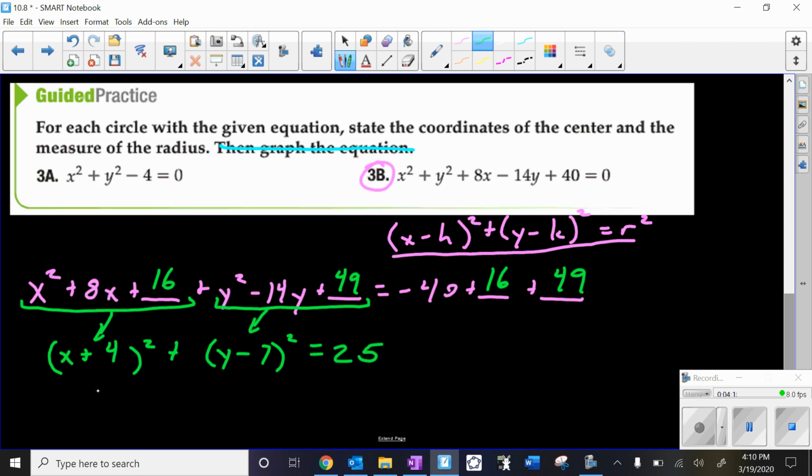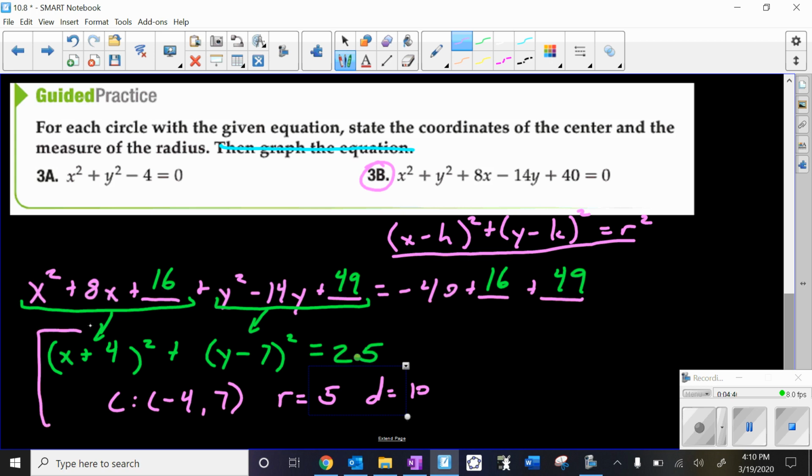The center is at negative 4, 7. It's the opposite of whatever it is in the equation. For your radius, this 25 is radius squared, so the square root of 25 is 5. Your diameter is just double your radius, so it should be 10. This is what I'm looking for as your answer. I don't need you to graph it.